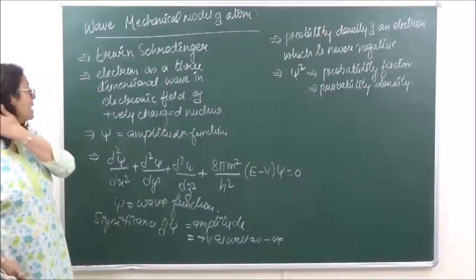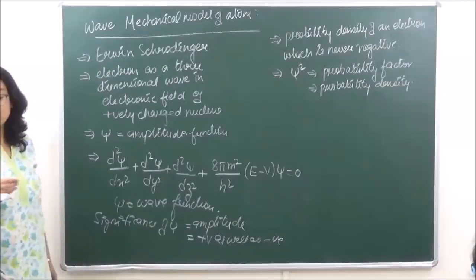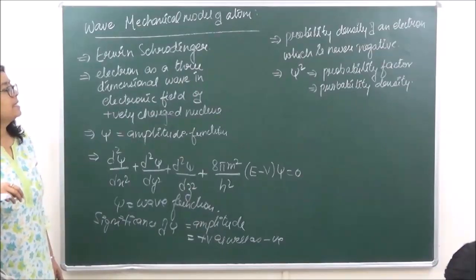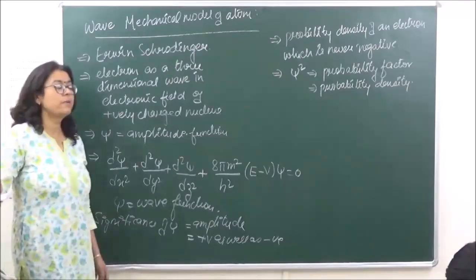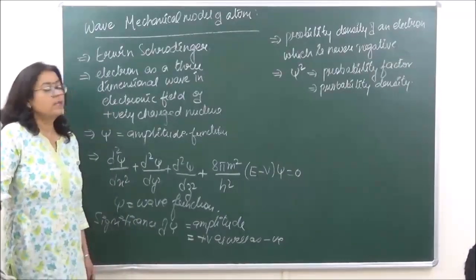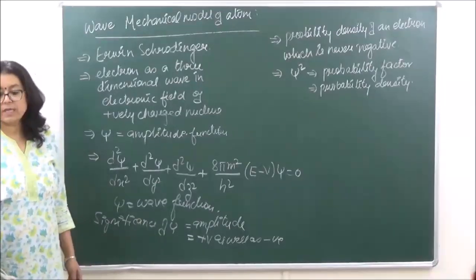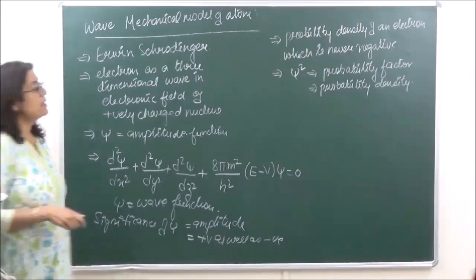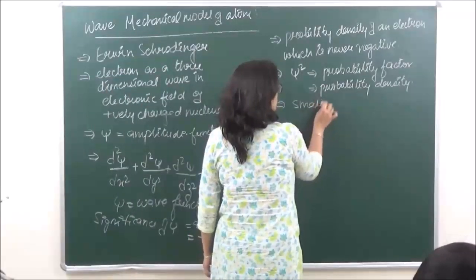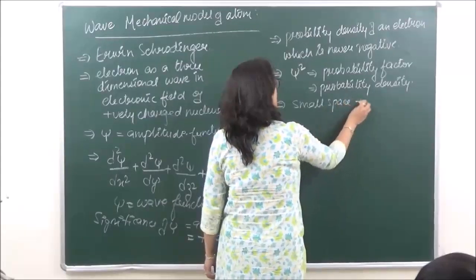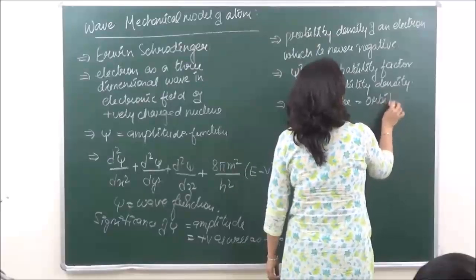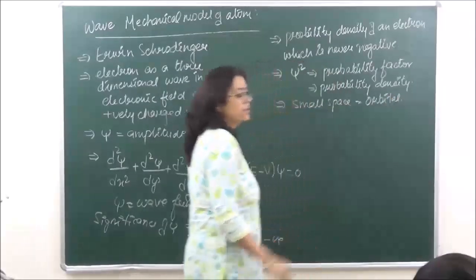So psi was unable to give us the probability density, but the square of psi gave us the probability density, telling us where the electron is present around the nucleus in a small space. Okay, so these were the two factors which he gave, and this probability density gave us the small space in which the electrons are found, and another term was suggested, which was known as orbital.